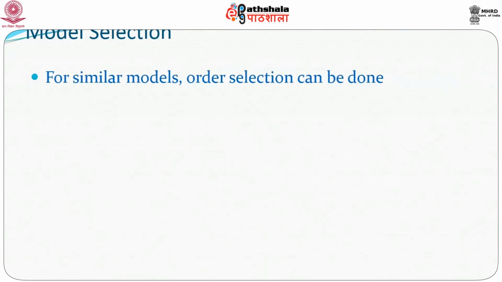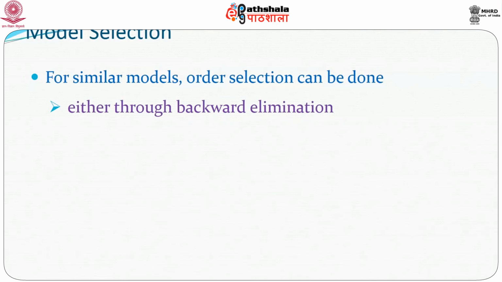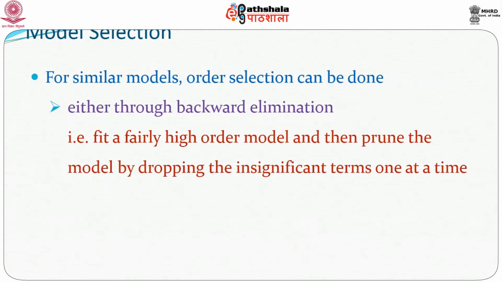Next, let us go over to model selection problems. For similar models, order selection can be done through backward elimination. So what you do is you fit a fairly high order model, and then you start pruning this.